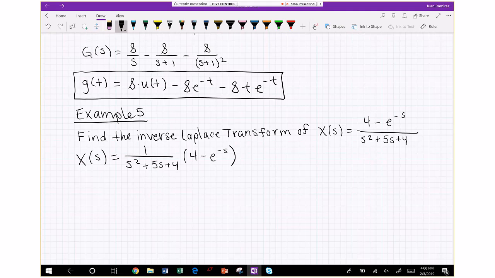By numerator, I mean 4 and e to the negative s. Okay, so now you have two different partial fractions. With each of the partial fractions, we'll decompose them separately.